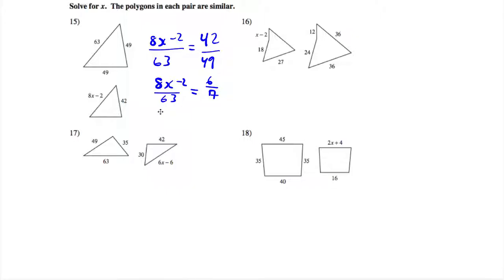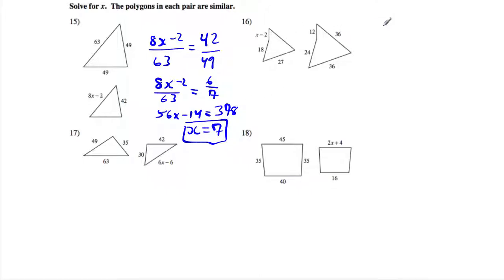And then I can cross multiply. So I get 56x minus 14 is equal to 63 times 6, which is 378. I'm running out of room, but what we would do is add 14 to both sides, and then divide by 56 to get that x is equal to 7.